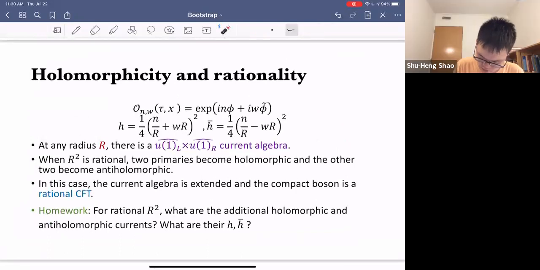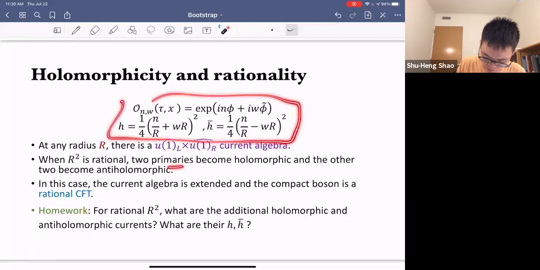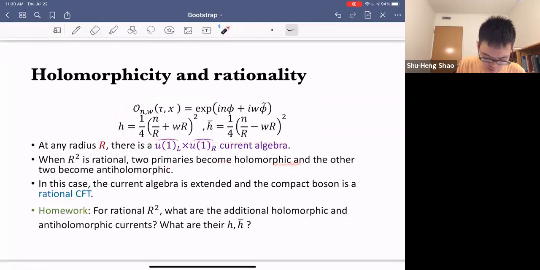Okay. So at any radius, we have the U1 cross U1 current algebra. But notice that I used the lowercase. When R squared is rational, from this formula, you can see that two primaries become holomorphic and the other two become anti-holomorphic. That's almost clear because when R squared is rational, you can find an N and W such that this vanishes.